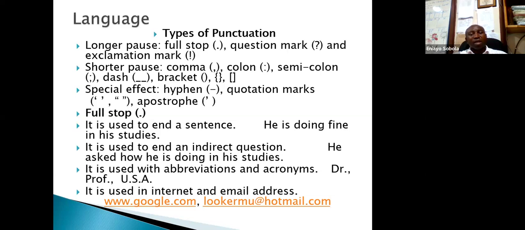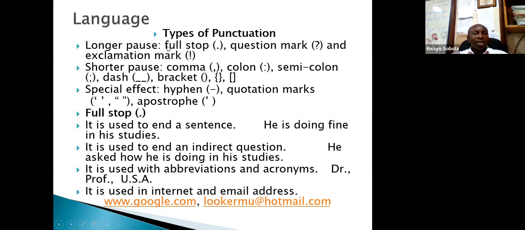So let's briefly look at types of punctuation. We have punctuation used for longer pauses, shorter pauses, and punctuation for special effects. We are talking about longer pauses that show the end of an idea.